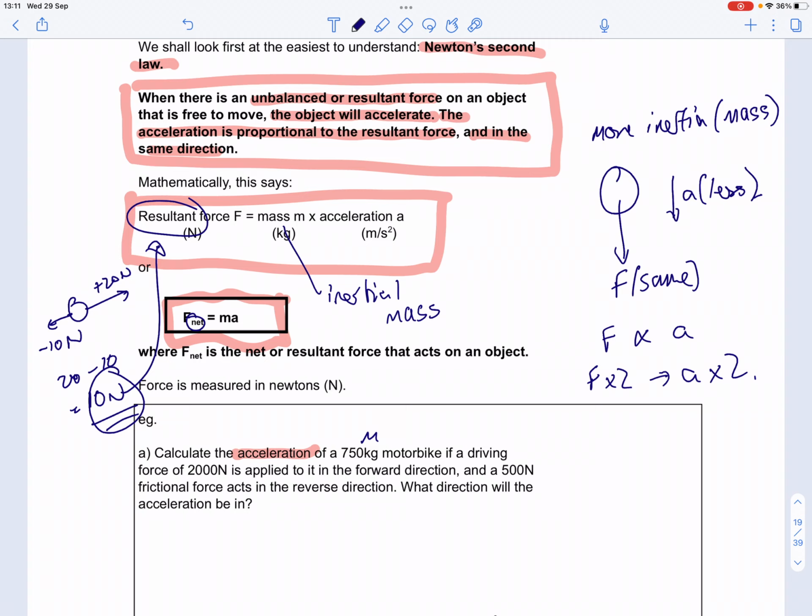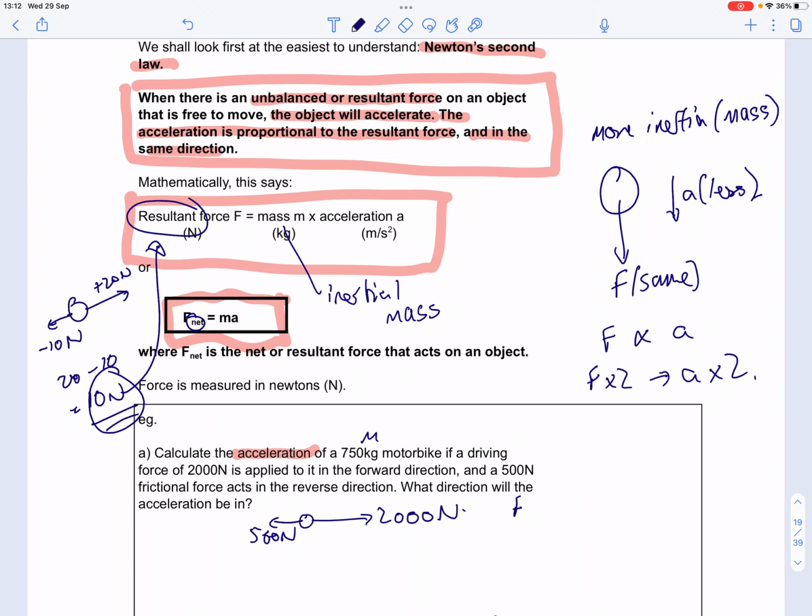So let's calculate the acceleration first. Let's draw a free body diagram for the motorbike. So just draw a little circle with the two forces on it. Let's assume it's going to the right. So we've got a 2,000 newton force in the forward direction, and then we have a 500 newton force in the reverse direction.